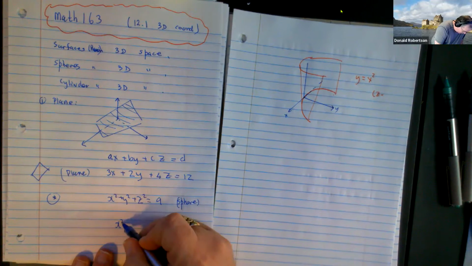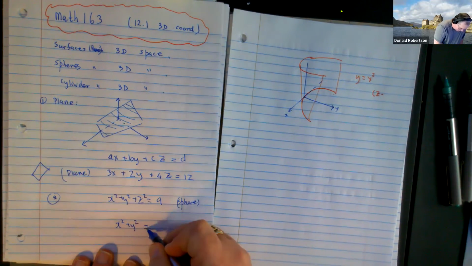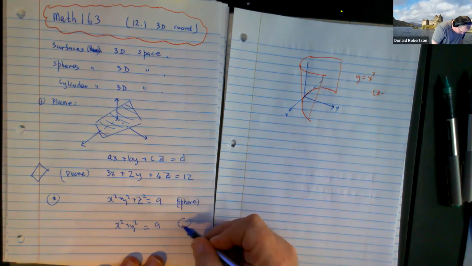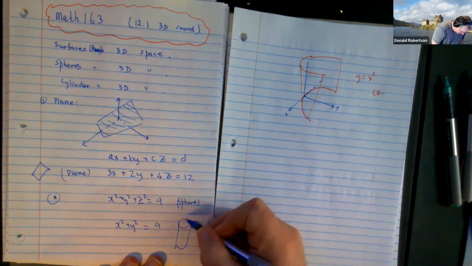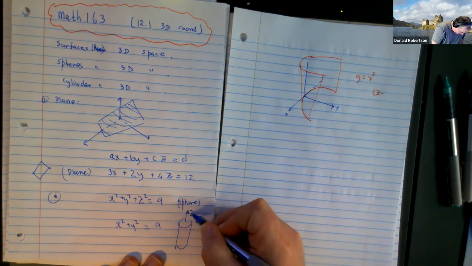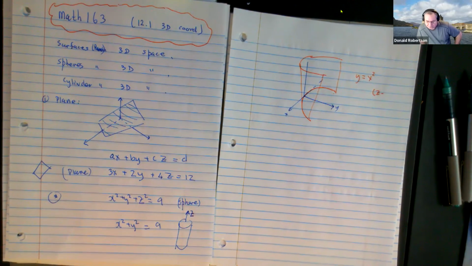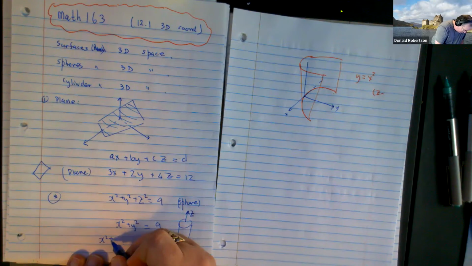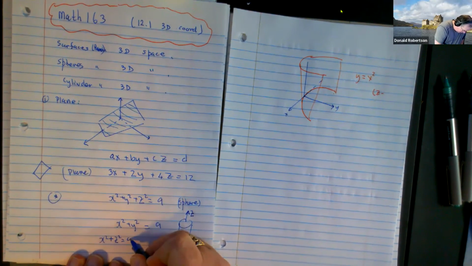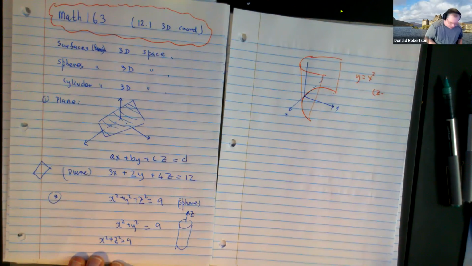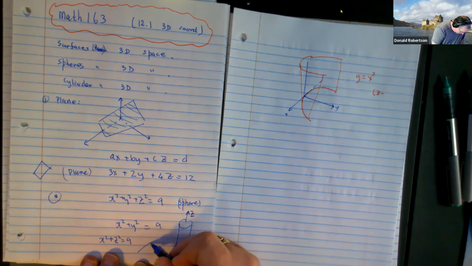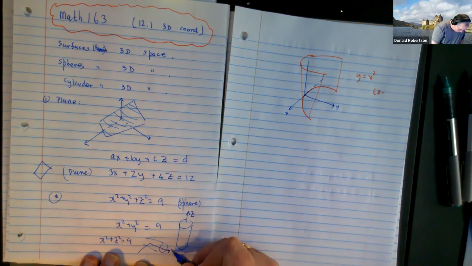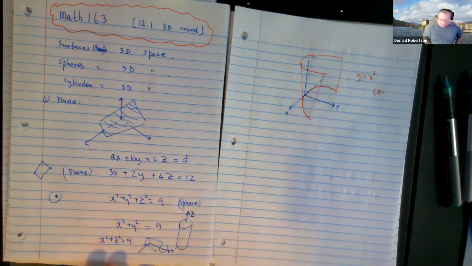And if you only have two variables, like say this, then you're going to get a cylinder. And the cylinder is going to be in the z direction, right? But if you get x squared plus z squared equals 9, you're still going to get a cylinder, but isn't the cylinder going to be in the y-axis direction? Does that make sense?